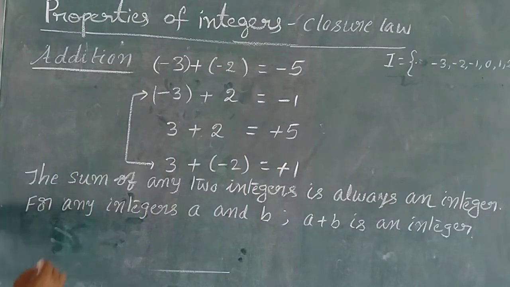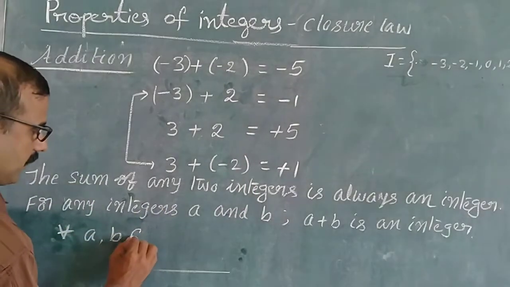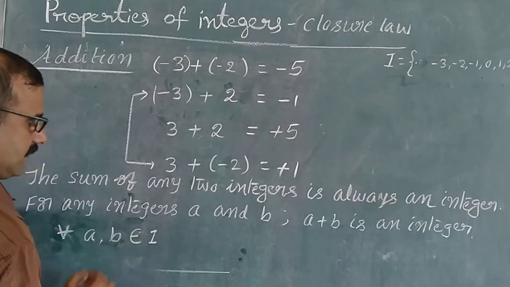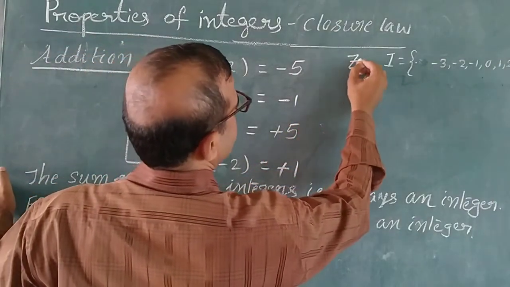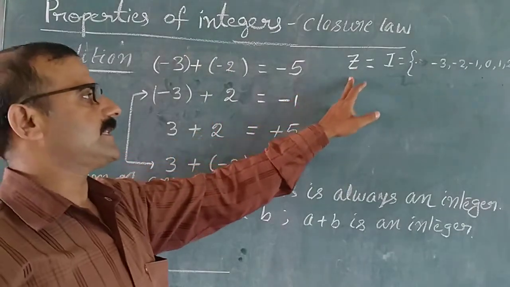Or we can write it another way: for all a, b belongs to I or Z. You know children, the set of integers can also be indicated by the capital letter Z or I.